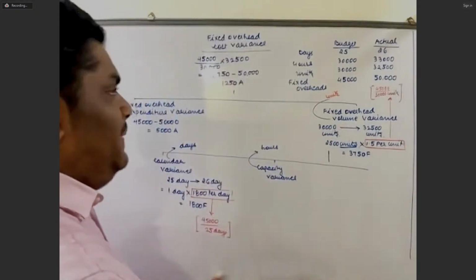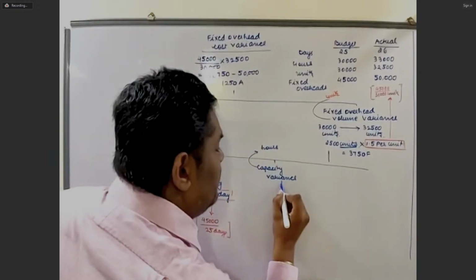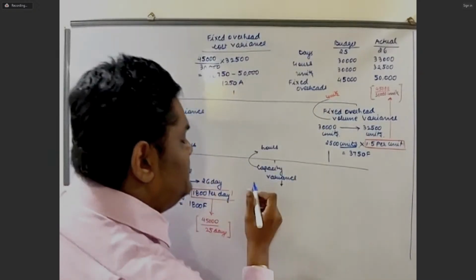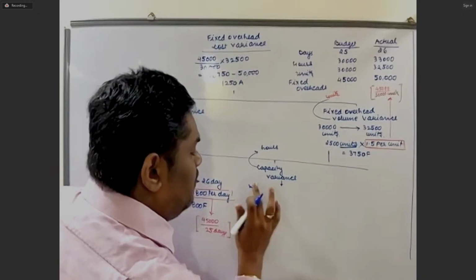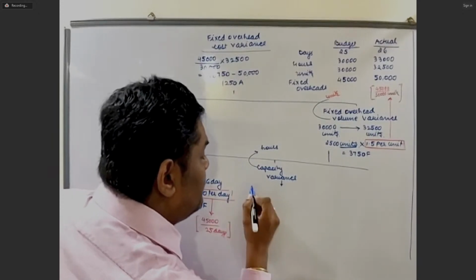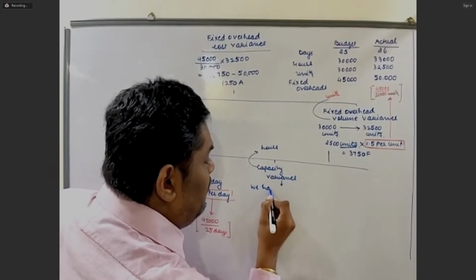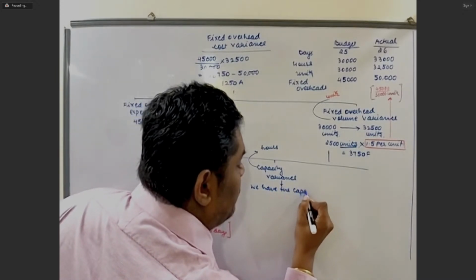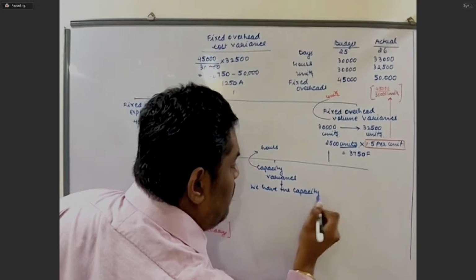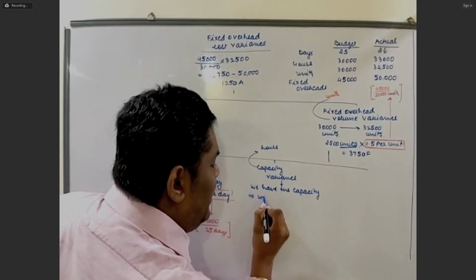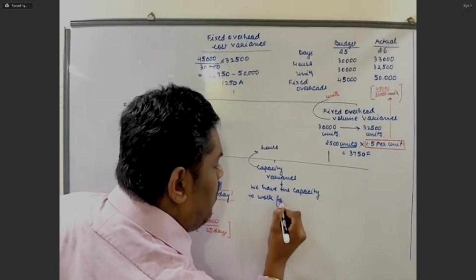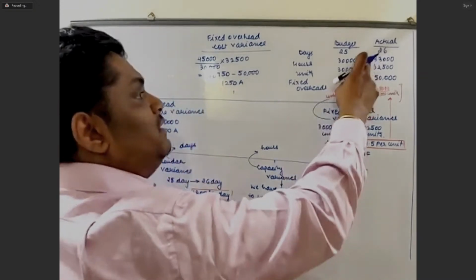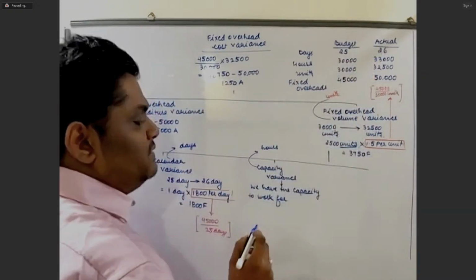The better explanation will be, I'm writing this for your reference, wherein we have the capacity to work for how many hours? 30,000 hours in 25 days.